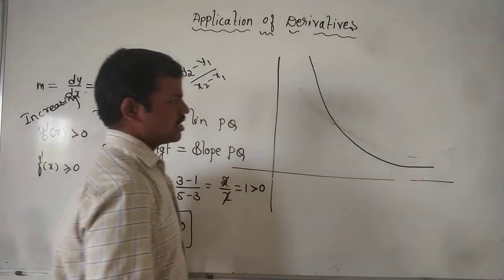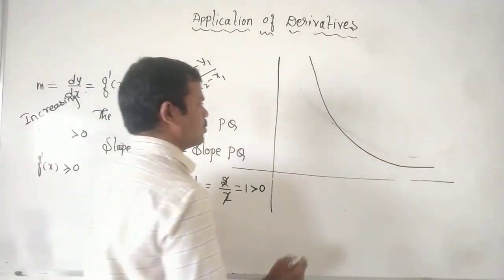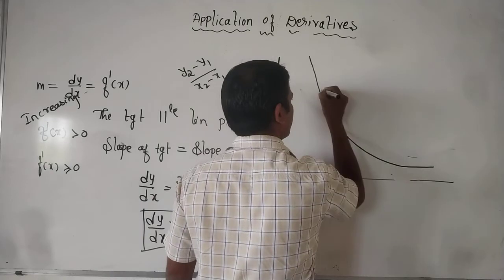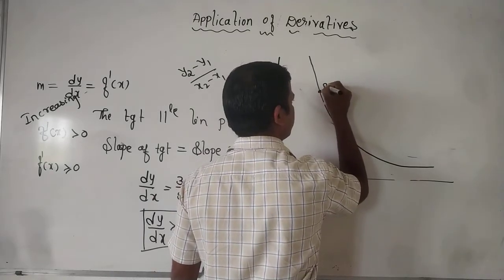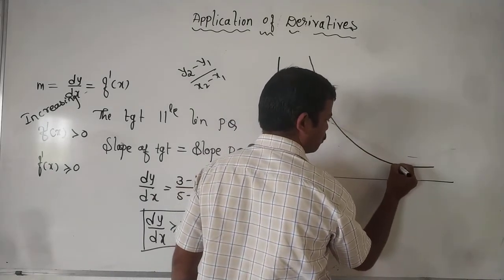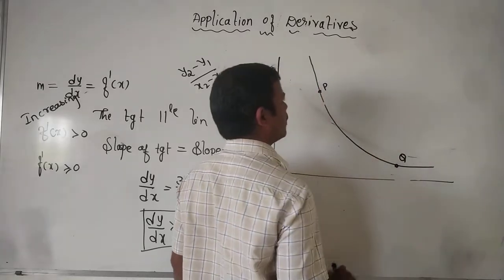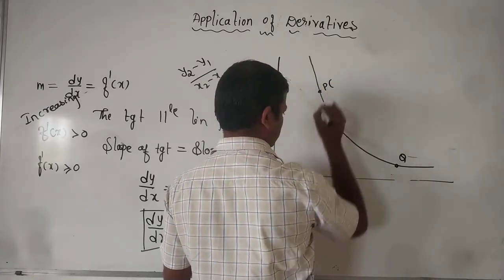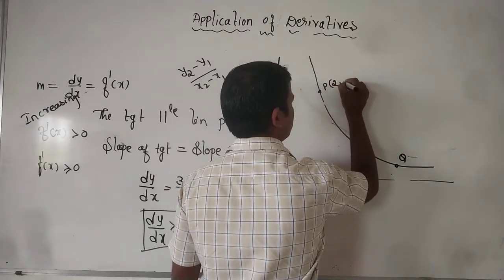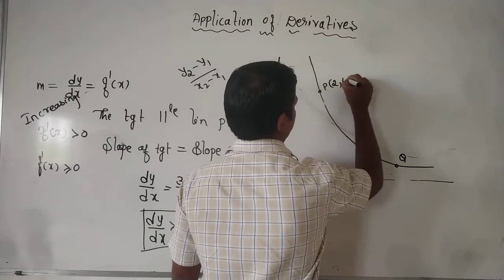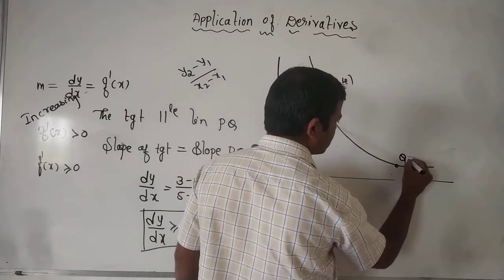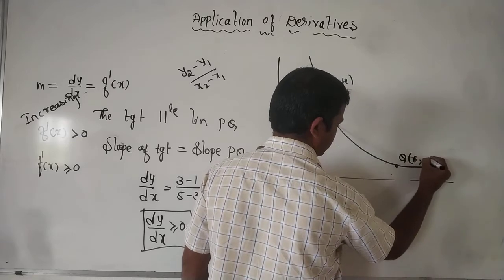Okay. So it is a decreasing function. Let me take this point here as P and this as Q. P is equal to (2, 4) and Q is (6, 1).